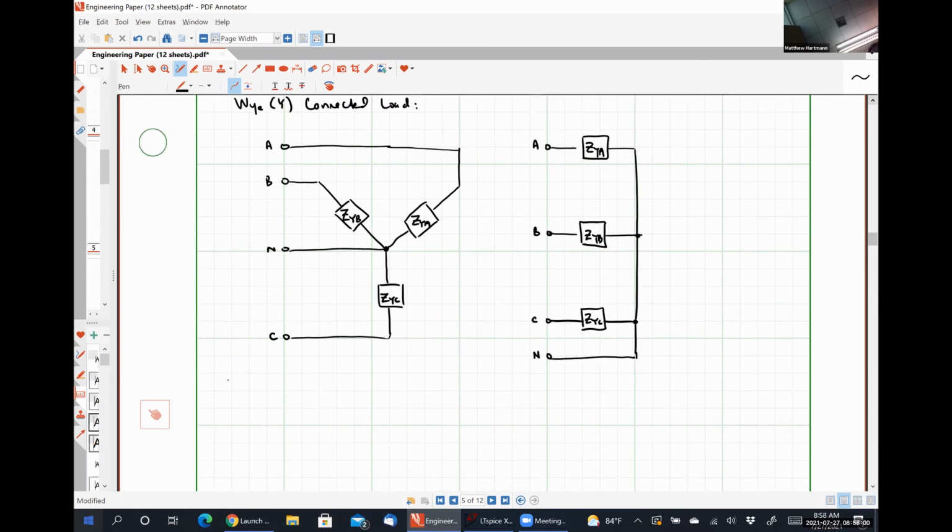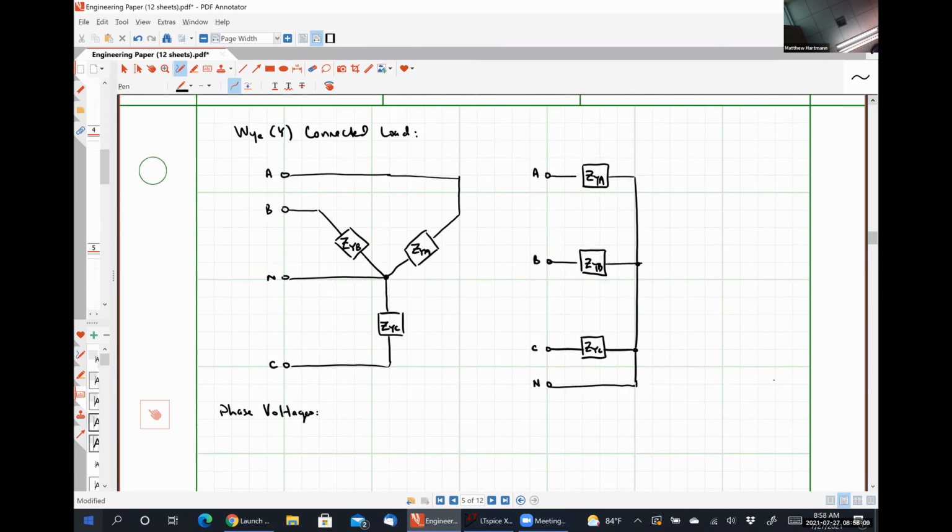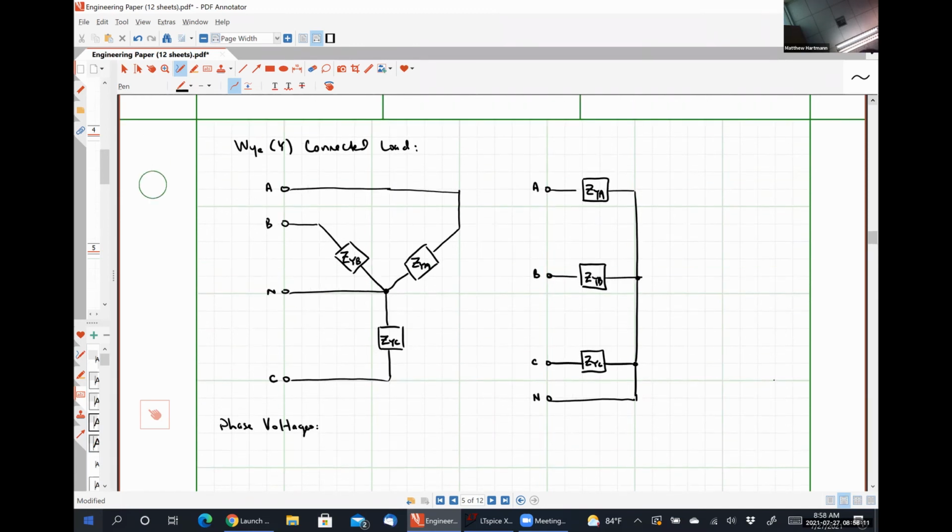And now we will identify our phase voltages. So our phase voltage is the voltage drop over one phase of our source or load. So in this case, we're obviously looking at load voltages. So I would consider this voltage measured between the A terminal and the N terminal to be one phase voltage.